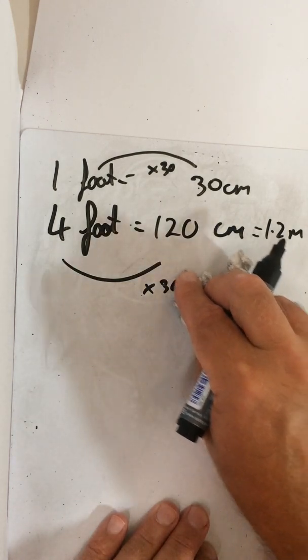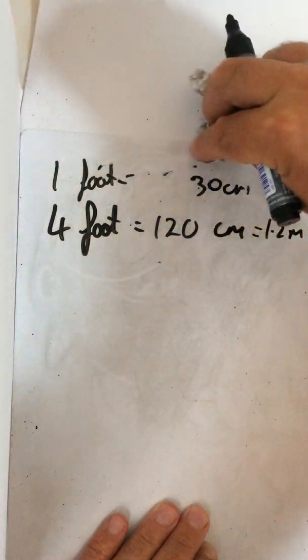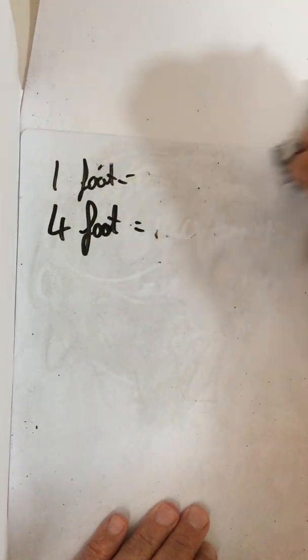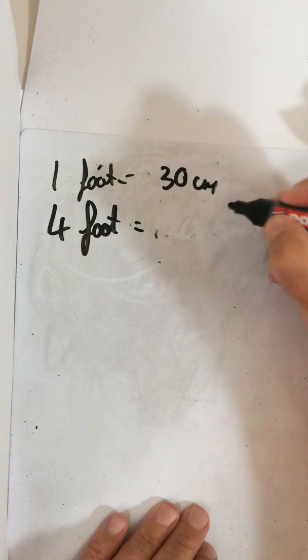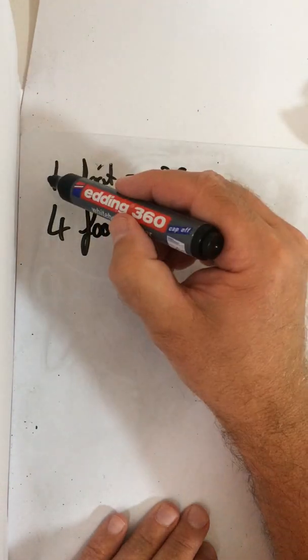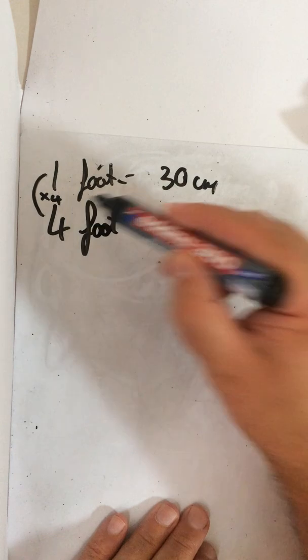Another way of doing it is, again, we write down the conversion. So 1 foot is 30 centimeters here. And then we have to find how many centimeters below. How am I getting from the 1 to the 4? Well, I'm timesing by 4.